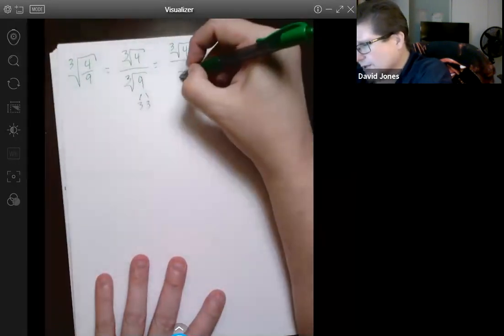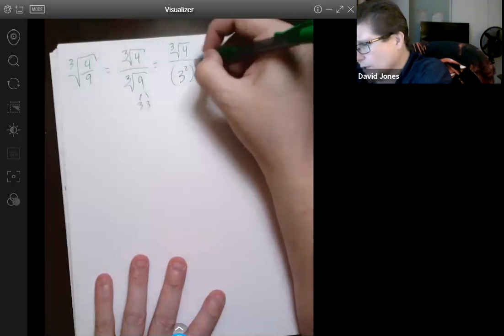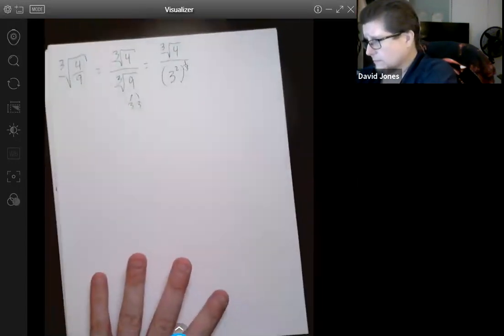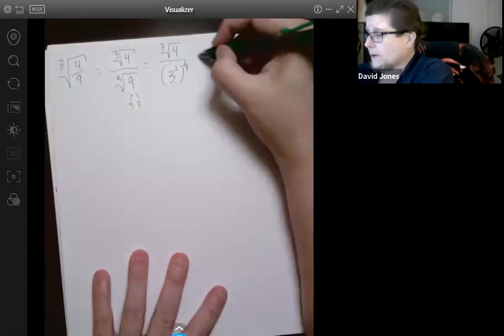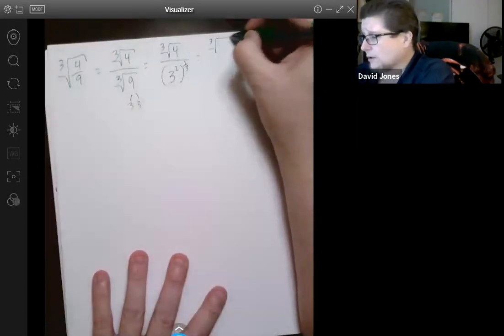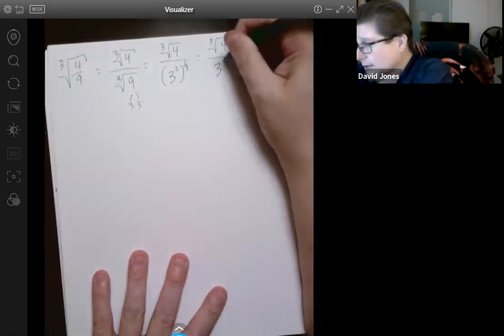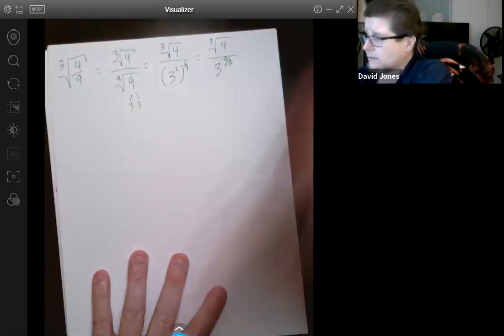So this is 3 squared and then the 1/3 like that. Or cube root of 4 over 3 to the 2/3. That's what I got.